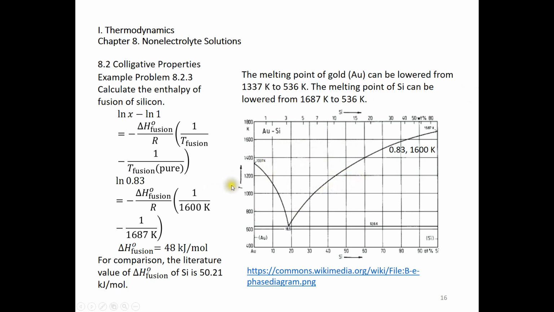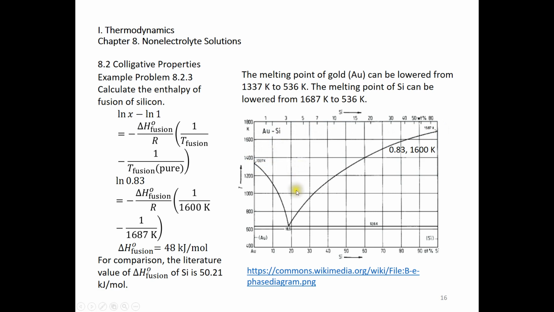In this case, it's temperature versus mole fraction phase diagram. You have two components. You have gold, you have silicon. Pure silicon has a melting point of 1687 Kelvin. Gold has a melting point of 1337 Kelvin.